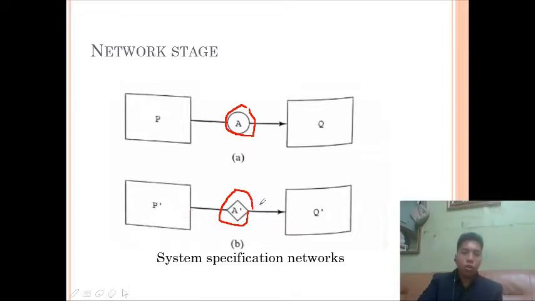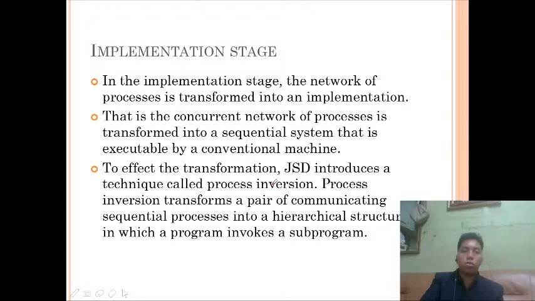So now you can see the difference between the data flow diagram and this. Data flow diagrams use real entities also, but Jackson uses the last stage, called the implementation stage.